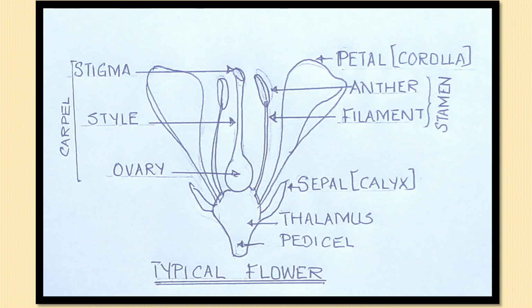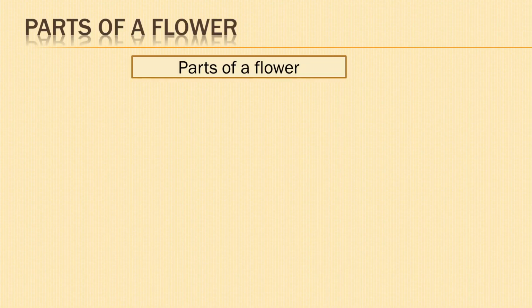Outer calyx, followed by corolla, androecium, and gynoecium. Androecium is marked as stamen. Gynoecium is marked as carpel. Let us study each part of the flower.